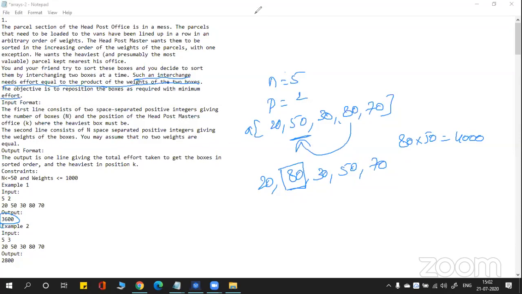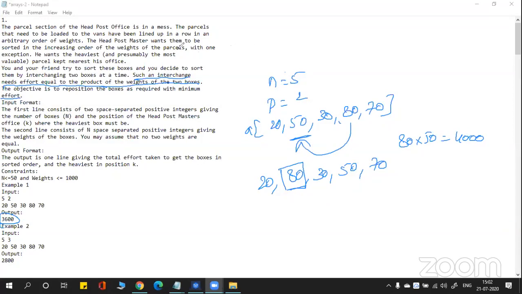If you want, you can speak or send it in the chat box. Yes, any answers? Okay. Did everyone understand the question first? Please respond if you have understood the question or not.